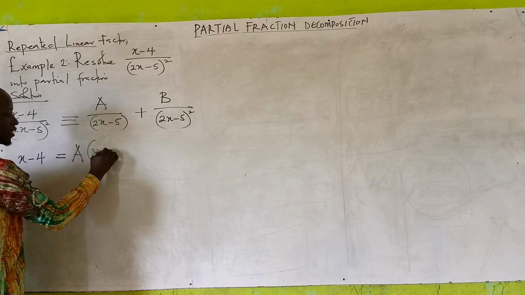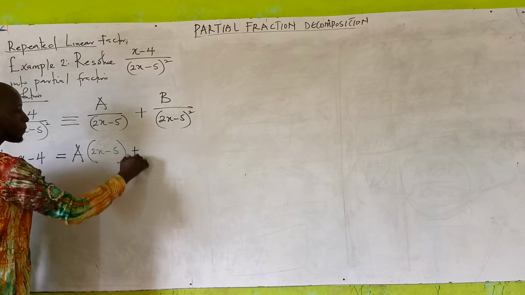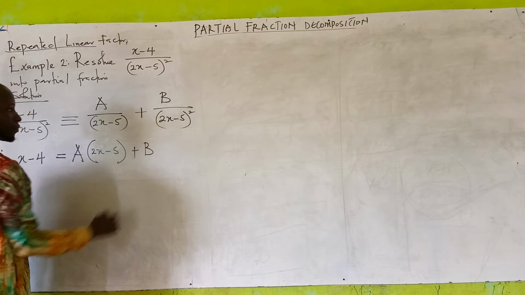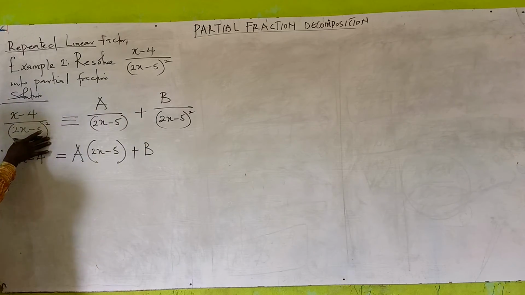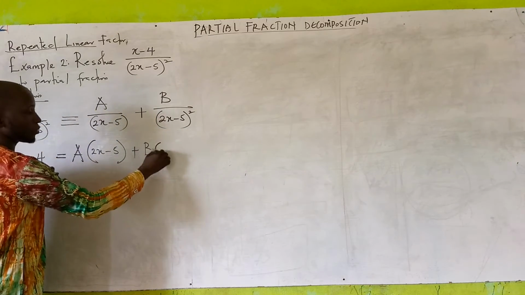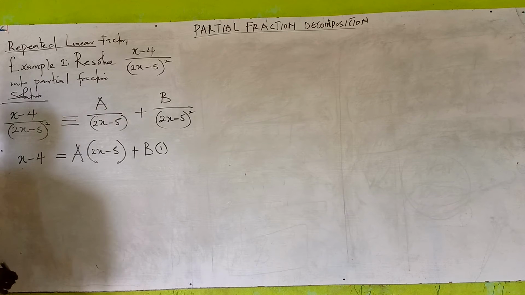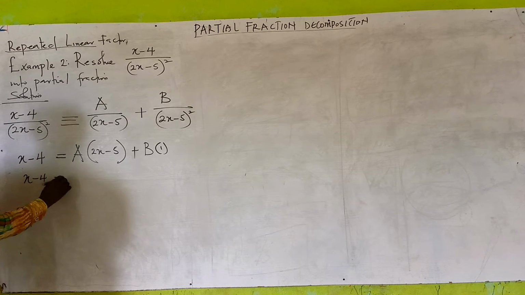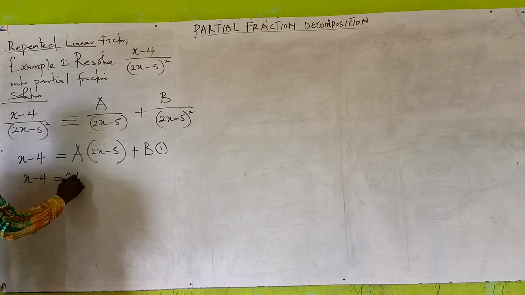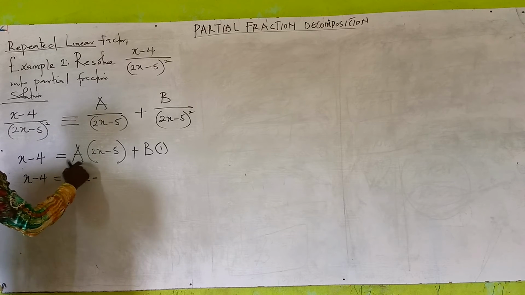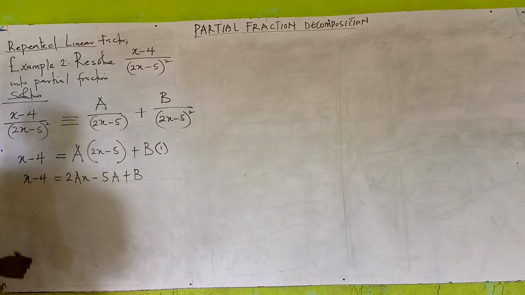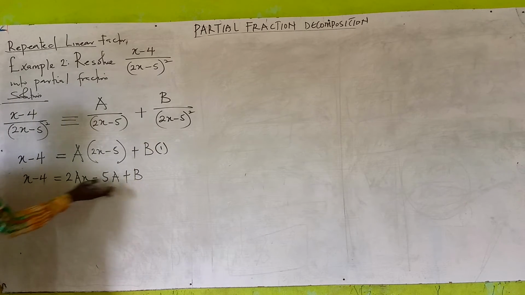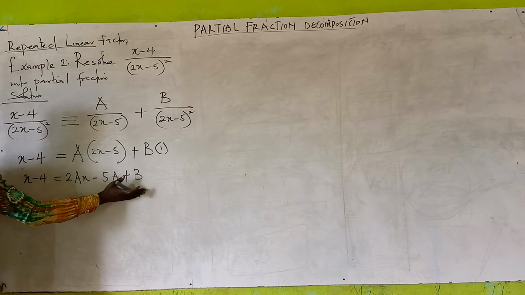It is a(2x minus 5) plus b. The 2x minus 5 will cancel the whole 2x minus 5 here, so we have nothing here, but let's say 1. Now we have x minus 4 equals to, open this bracket, we have 2ax minus 5a plus b.